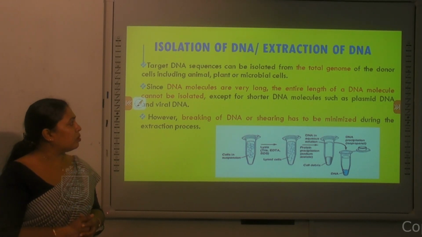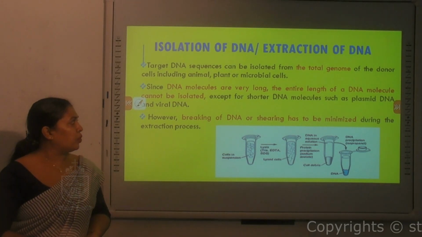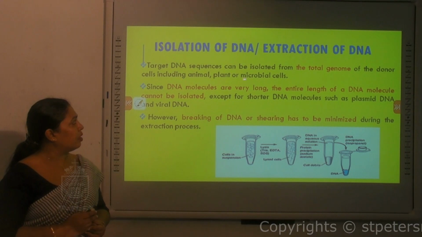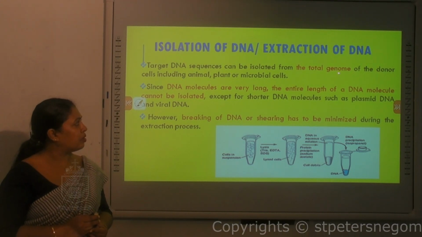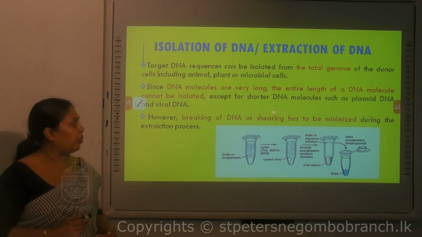The donor cells can be animal, plant, or microbial cells. We can get the total genome from that. So all the DNA we are going to isolate or separate.